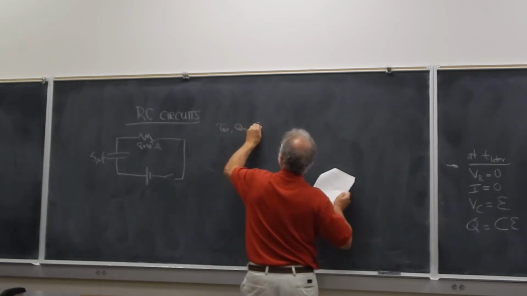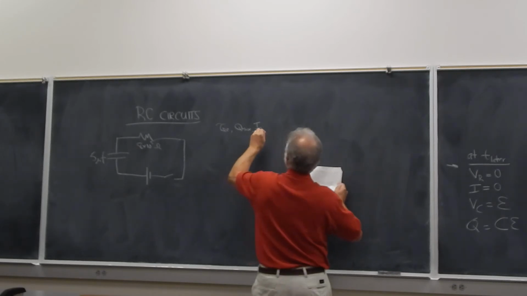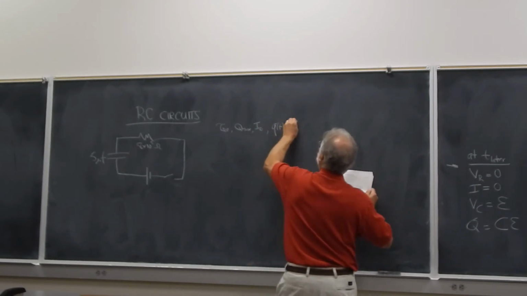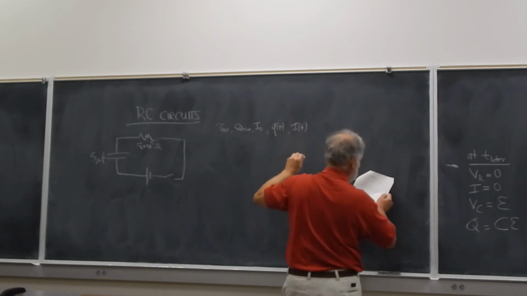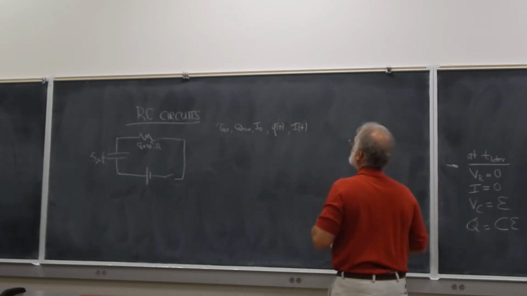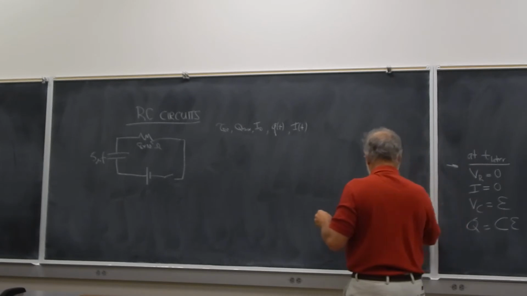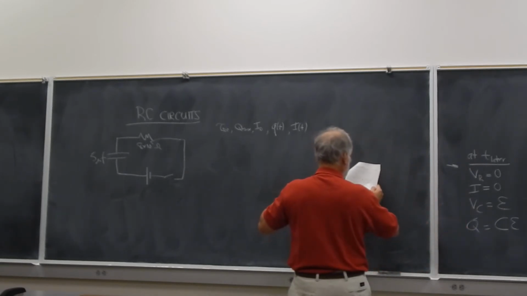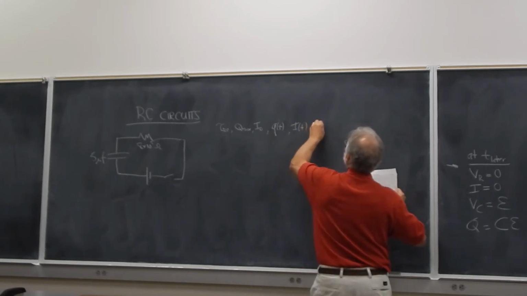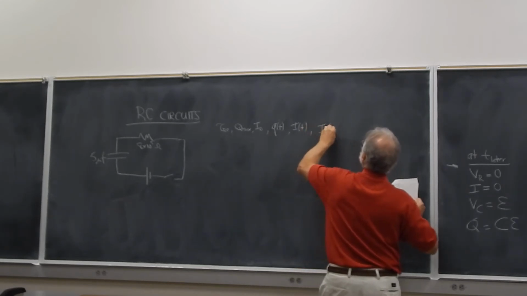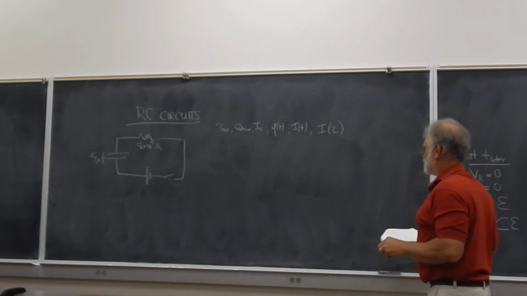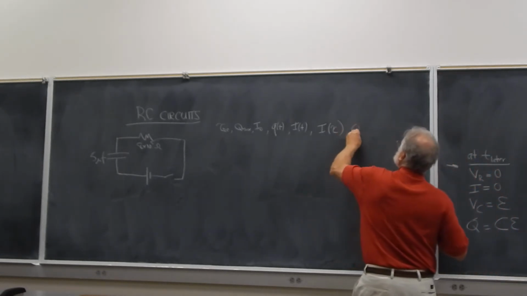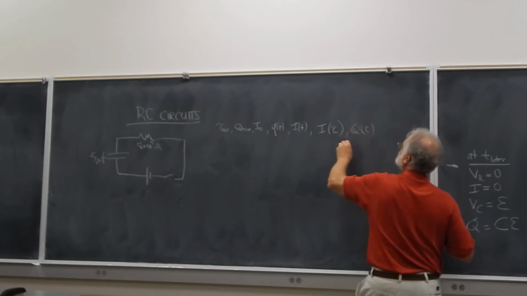I want to calculate the initial current. I want to find Q as a function of time. I want to find the current as a function of time. And I want to find the current at the time constant, and the charge at the time constant.